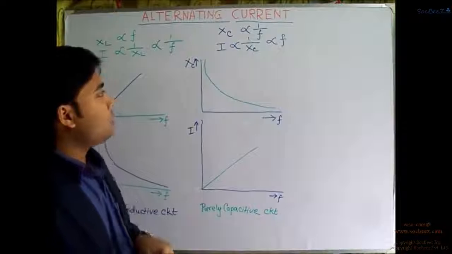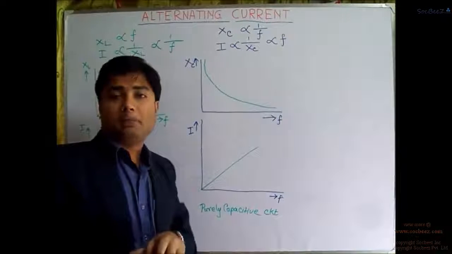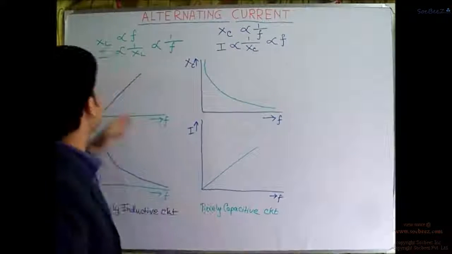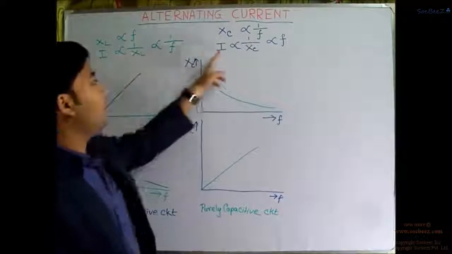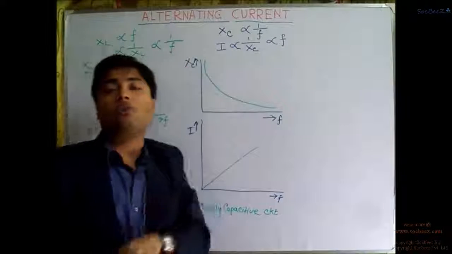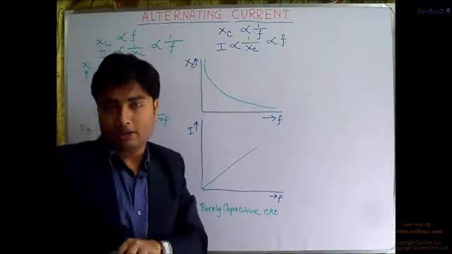So over here we have understood the relation and the graphical representation of the inductive reactance, the capacitive reactance, the alternating current and the frequency of the alternating current supply.